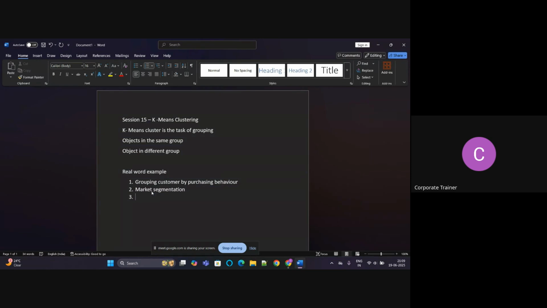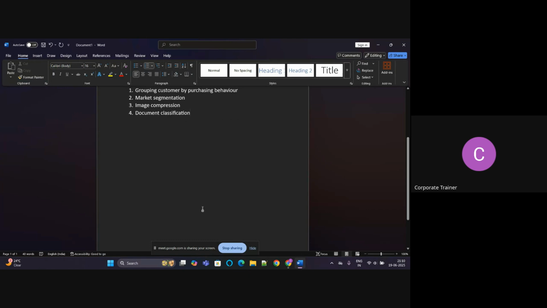Next, you can do image compression, or else document classification. So these are the examples of what we discussed.